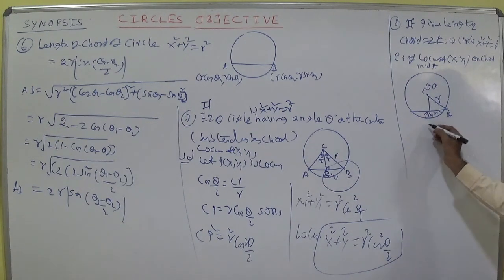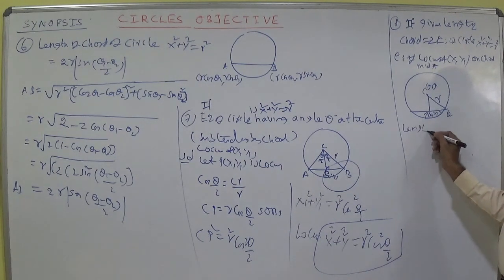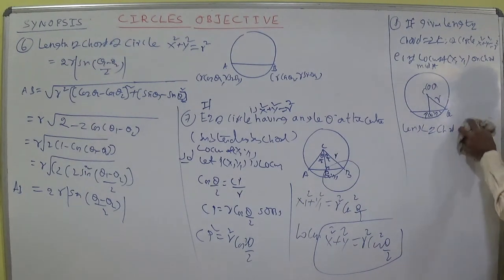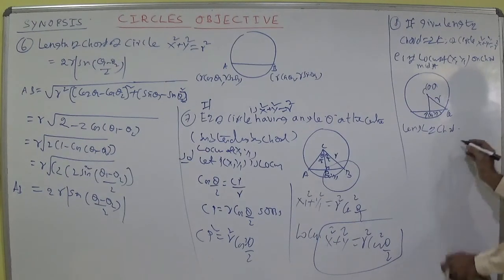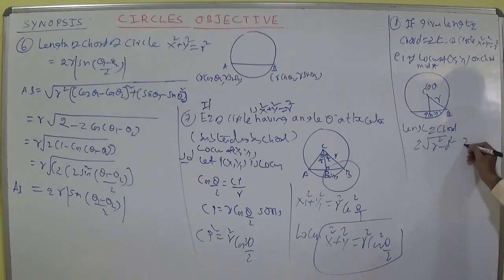Now what did you say? Length of chord. The length of chord formula is 2 root r square minus d square.